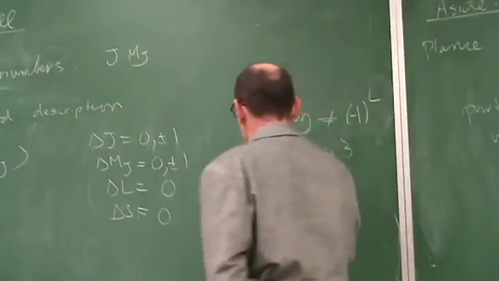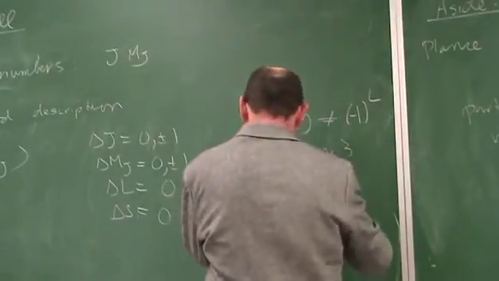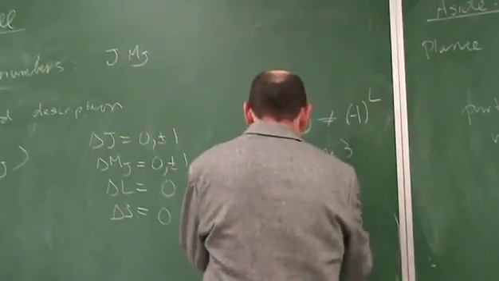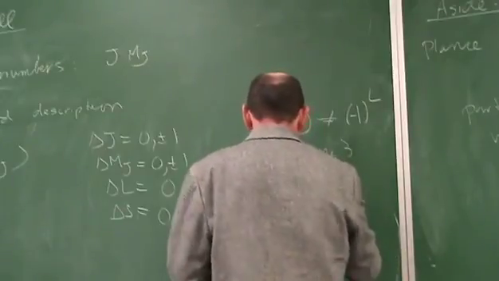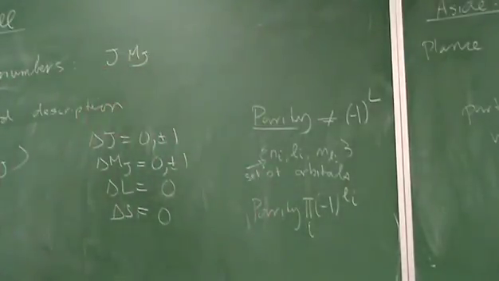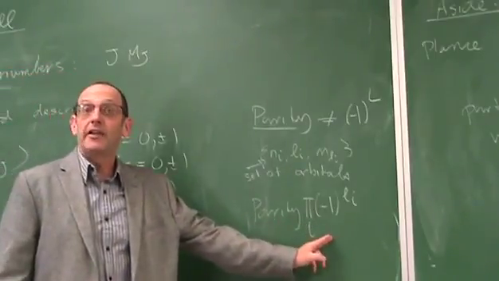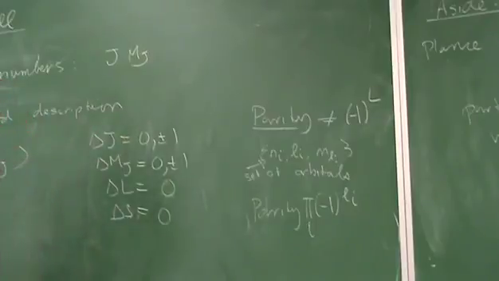The parity is -1 to the L sub i, product over all electrons. So each electron has a definite L. The parity associated with that orbital is -1 to the L. If I have n electrons in the valence shell, the parity is -1.